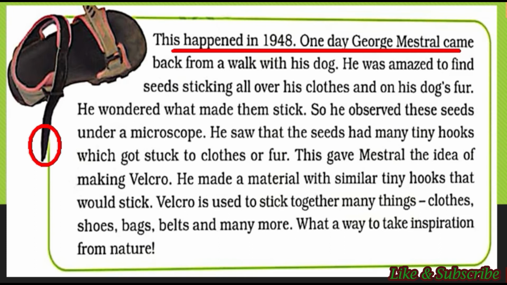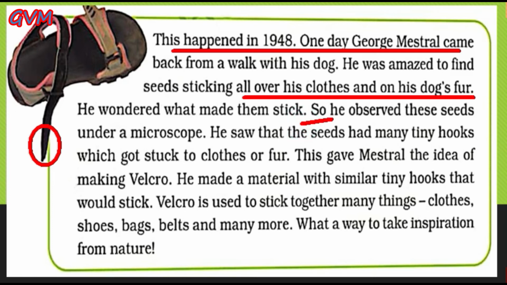Students, once George de Mestral came back from a walk with his dog, he was surprised to find some seeds sticking all over his clothes and on his dog's fur. And students, by seeing all this, he wondered how it happened.